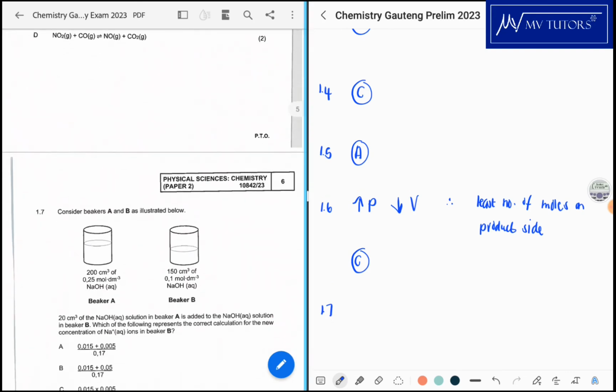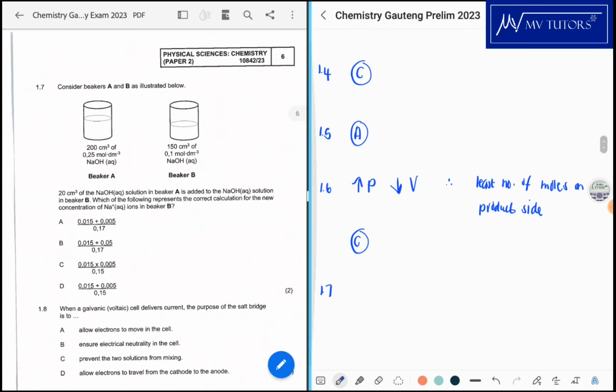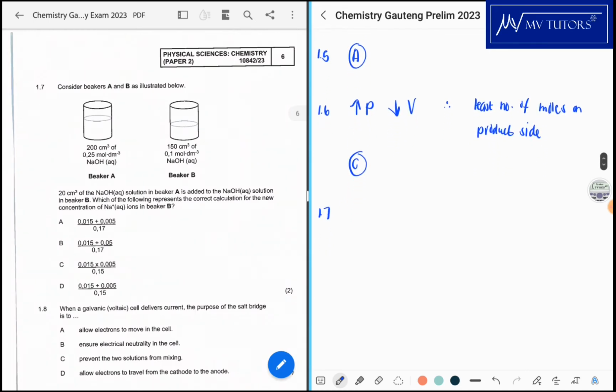And now 1.7. Consider beakers A and B as illustrated below. We have 200 cubic centimeters, so that's the volume, of 0.25 mole per cubic decimeter, that's the concentration of sodium hydroxide for beaker A. And beaker B, we have 150 cubic centimeters of 0.1 mole per cubic decimeter of sodium hydroxide.